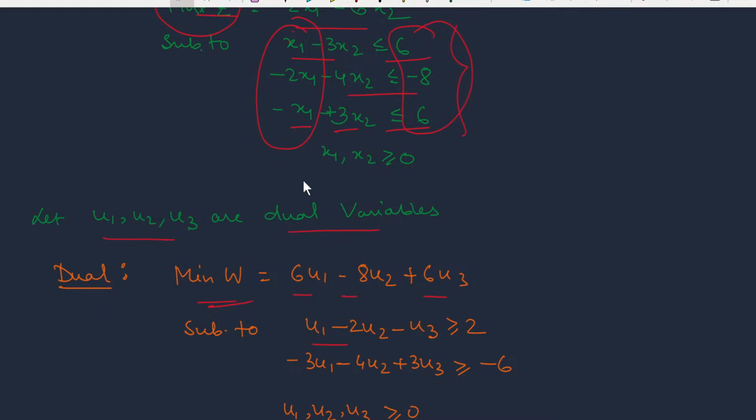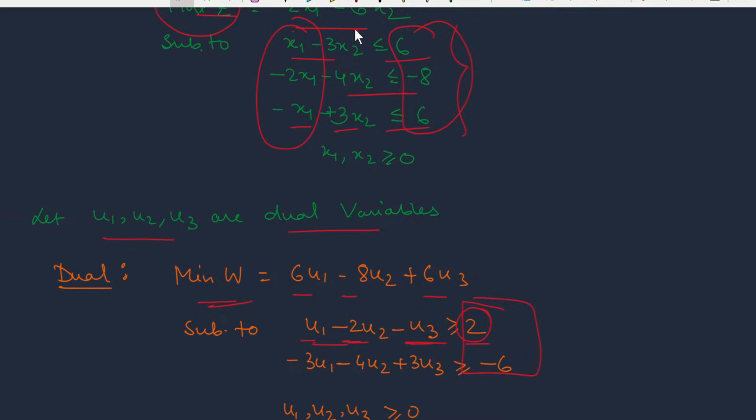So 1, minus 2 and 1 is the coefficients for the first constraint: u1 minus 2u2 plus u3 is greater or equal to 2, which is the cost vector of the primal and here the requirement vector.